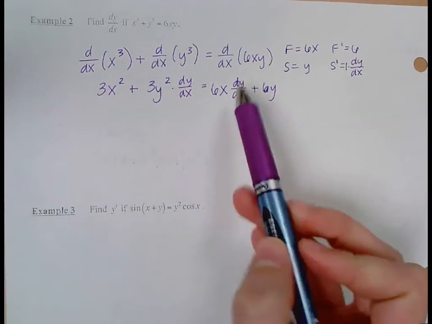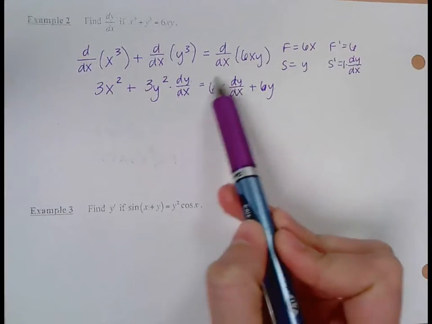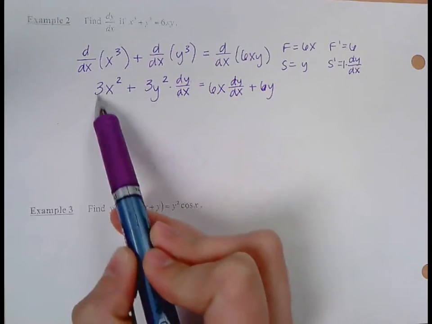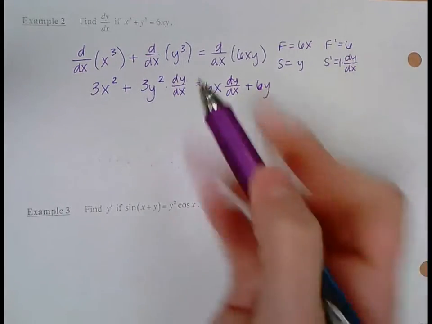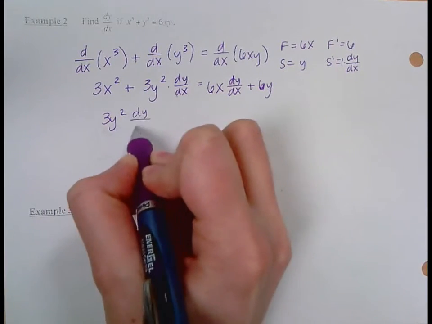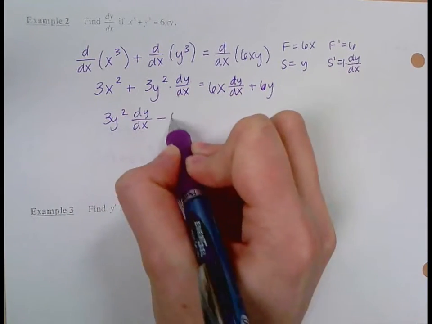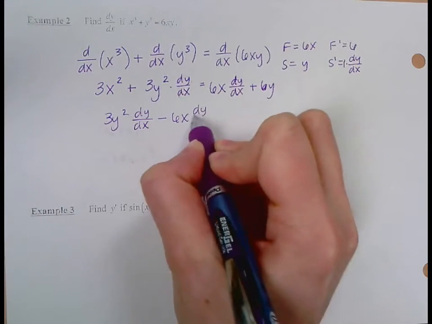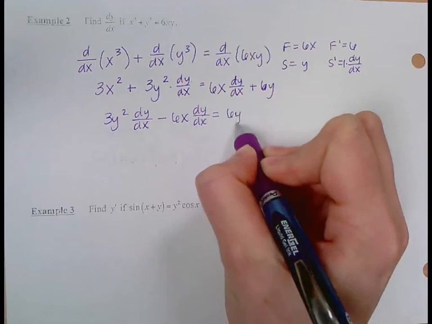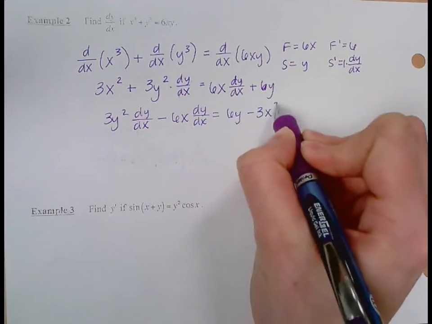So I'm going to bring the 6x dy dx over to the left, and then I have to subtract the 3x squared to bring it over to the right. So I'll have 3y squared dy dx minus 6x dy dx equals 6y minus 3x squared.